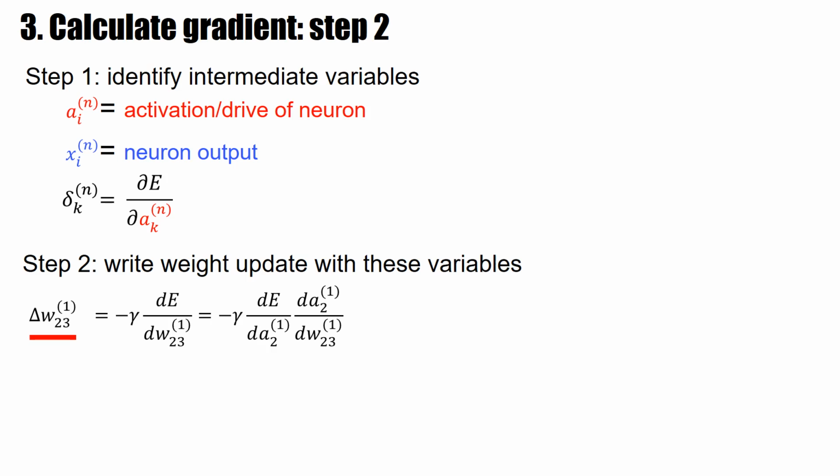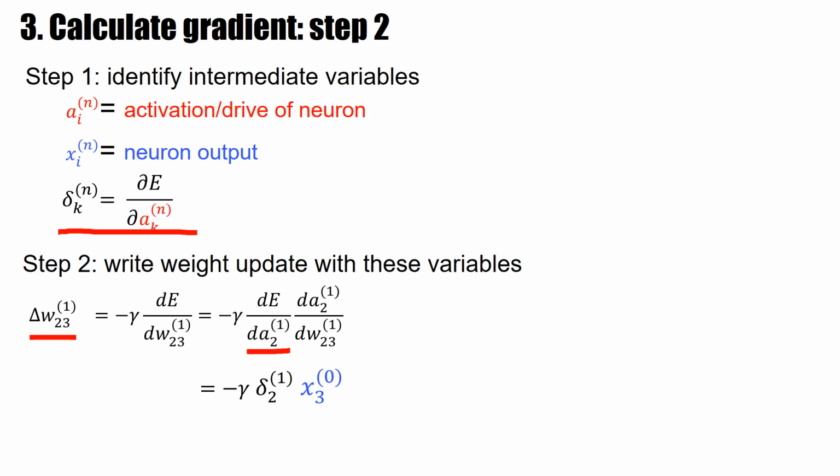And now we use the chain rule and say, okay, this weight is coupled with the activation variables of the same layer, and so this is just a chain rule. And now we can identify this term here as exactly our definition of this delta.